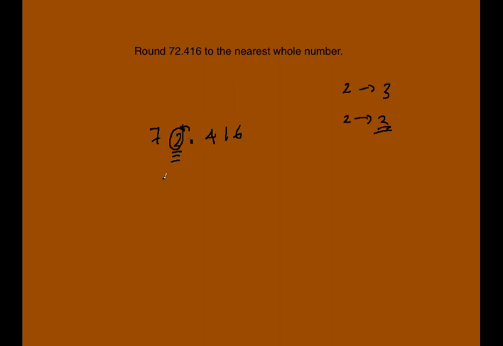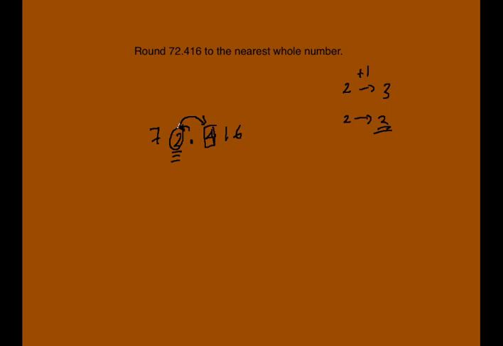So what do you think is going to happen to the 2 here? What you do is you always look to the right of the number that you're interested in. What number do we see? We see 4. So what was the rule? When do we add 1 to a number? We only add 1 to the number we're interested in when the number to its right is bigger than 5. But in this problem, this is not the case.